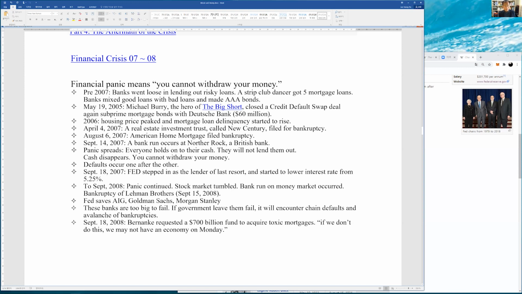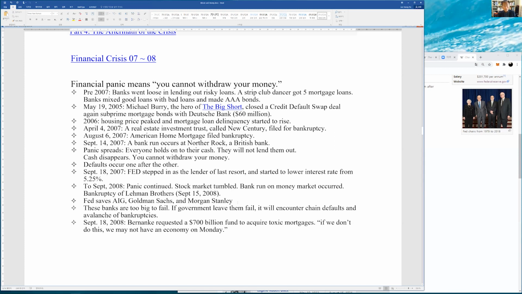After Lehman Brothers filed, the U.S. Congress enacted an emergency bailout initiative, and worked with the Fed, and the Fed started saving other big investment banks like AIG, Goldman Sachs, and Morgan Stanley.